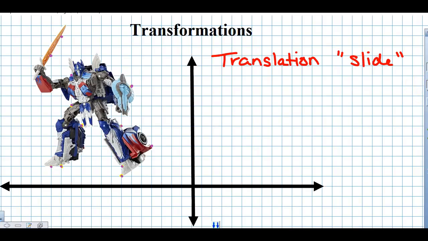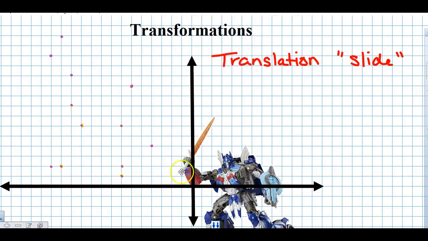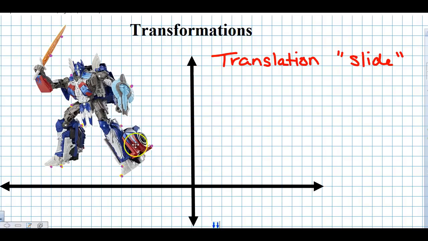We do not say that it's translated diagonally because a diagonal move is simply moving over and then down. So if I was moving it diagonally, I was moving it to the right and then down a certain number of points. So again, using Optimus Prime here, what would a translation look like?